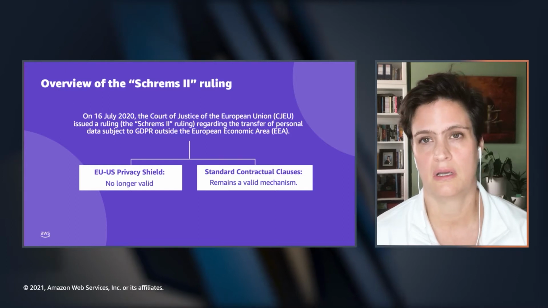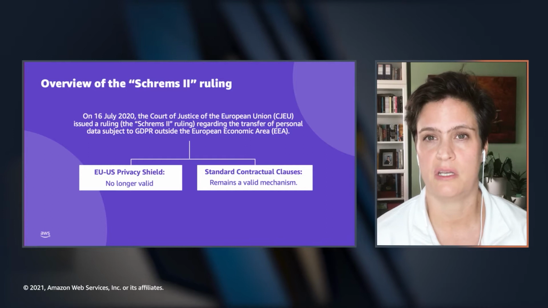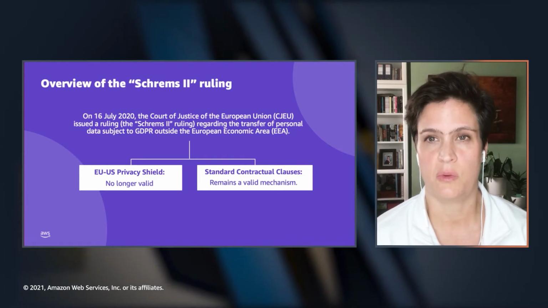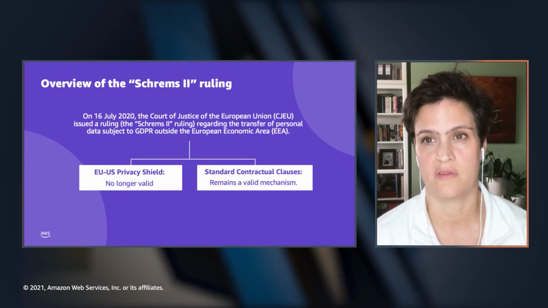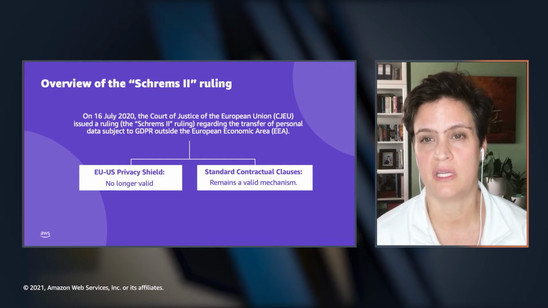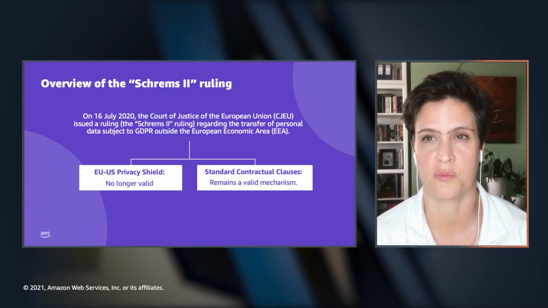So just a brief overview of how we've arrived where we are. In the Schrems II ruling last year, the Court of Justice of the European Union decided that the EU-US Privacy Shield was no longer a valid transfer mechanism for transfers of personal data from the EU to the US. However, they affirmed the validity of the standard contractual clauses, subject to analyzing in which case they would be used and also implementing supplemental measures as appropriate.